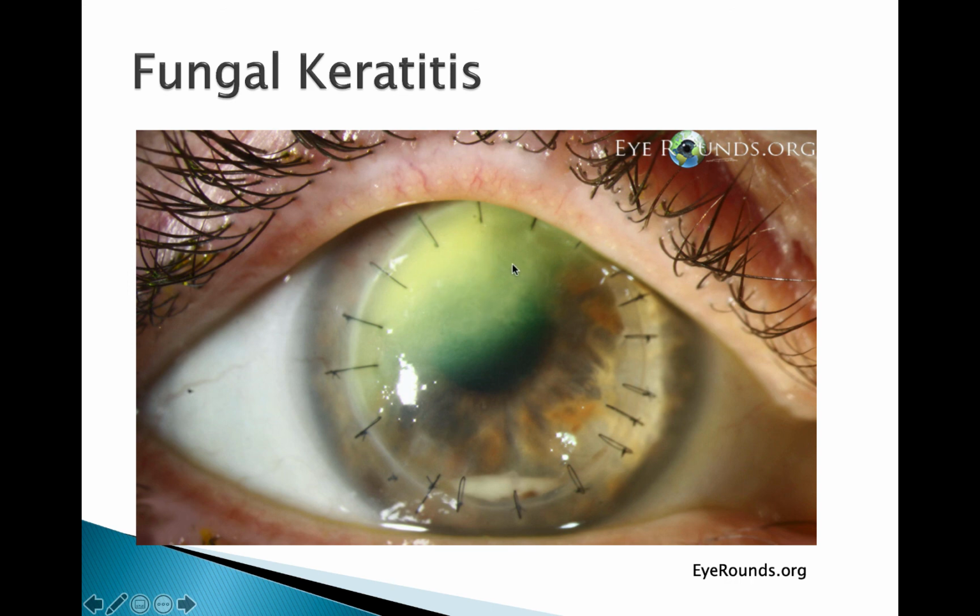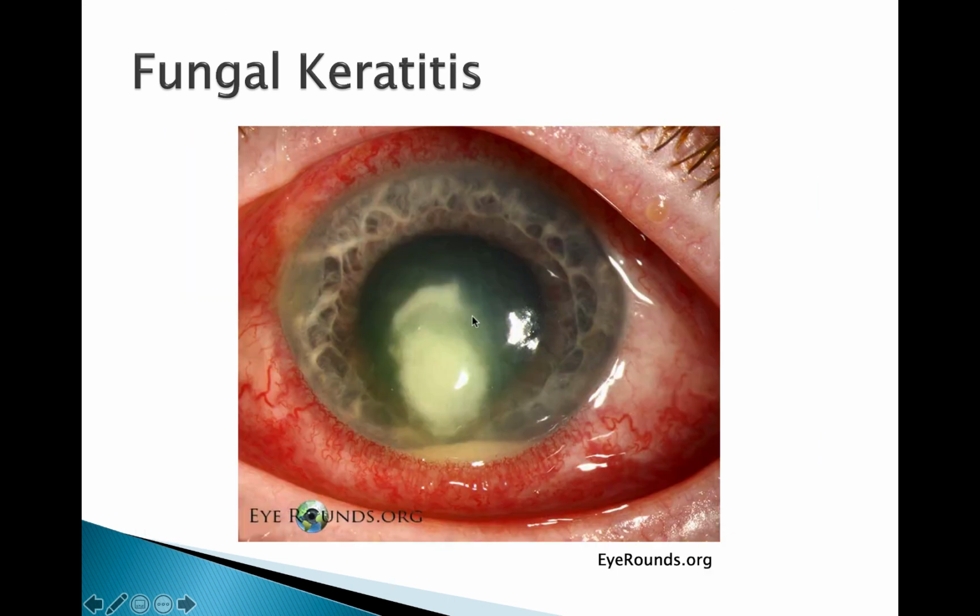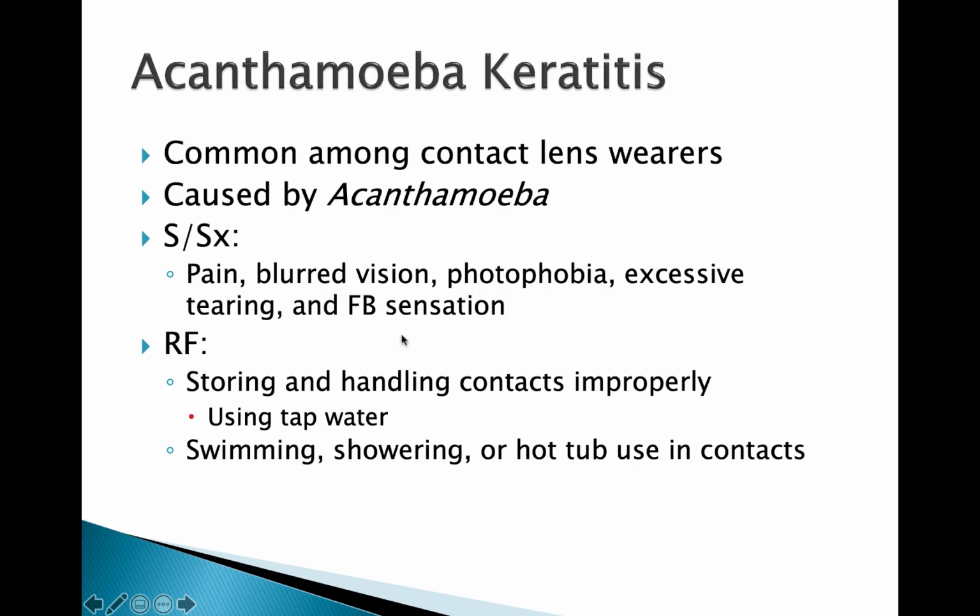And I like this picture because you can see this feathery appearance of the fungus growing, and that's the hallmark on physical exam, this feathery appearance on the edges. And again, here's another picture, again, this feathery appearance of the edges of the fungal infection.